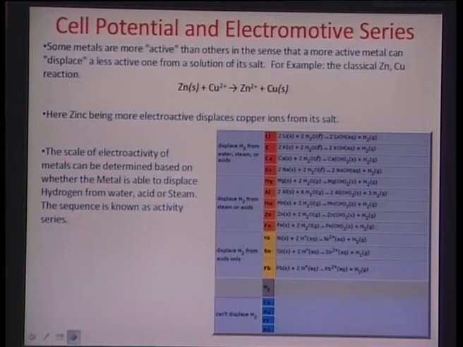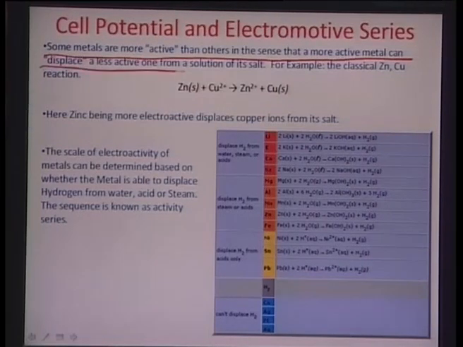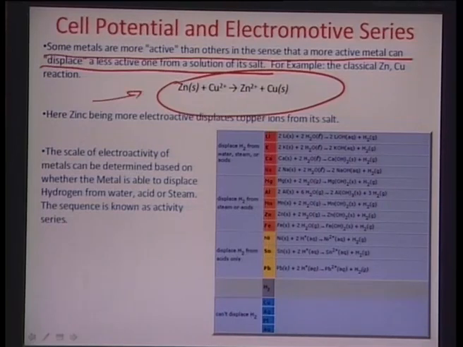Another very interesting factor is that some metals are more active than others, in the sense that they can displace a less active one from a solution of its salt. Let us consider the zinc copper case, the Daniell cell, as we saw here: the zinc was getting oxidized and going into the solution, and was displacing the copper +2 state as a copper deposit onto the electrode.